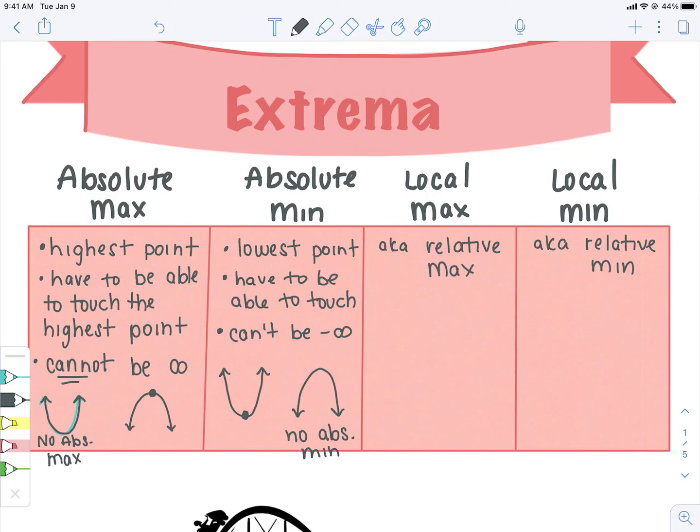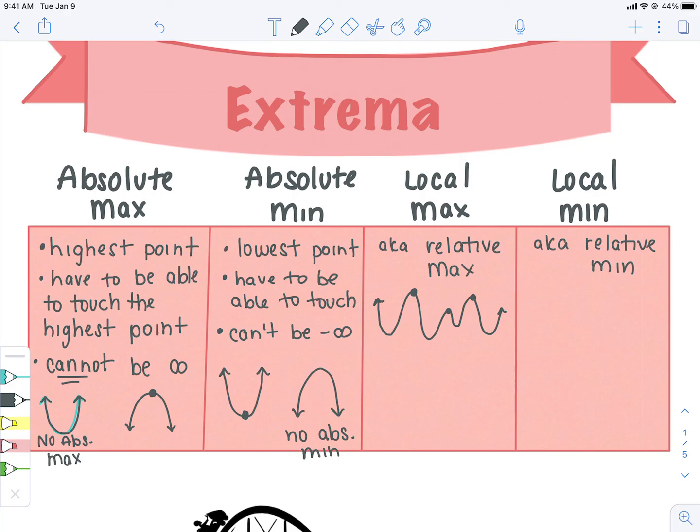Anytime you're looking for a local max, it's any high point. So in a polynomial that has multiple ups and downs, anytime you're at the top of the hill, that would be a local max. So in a situation where you might have something that goes like this, every time you're at the very top, those are all local maxes.